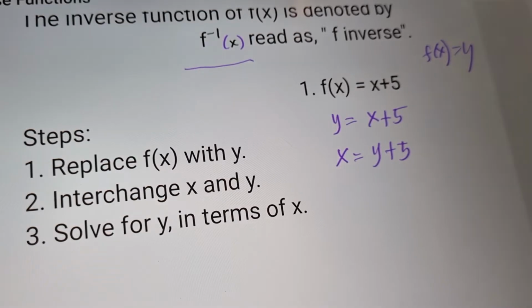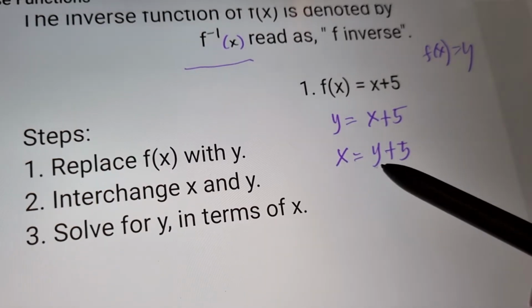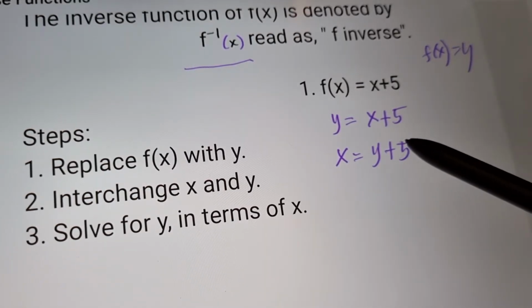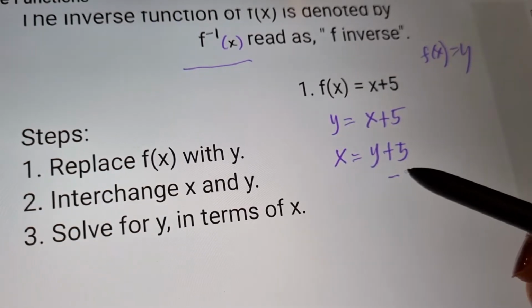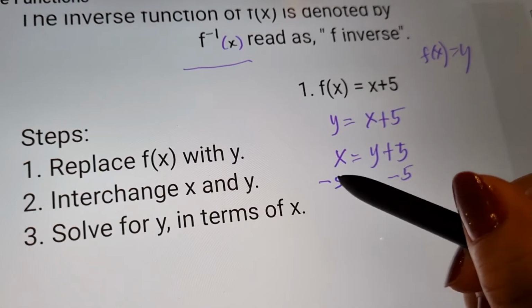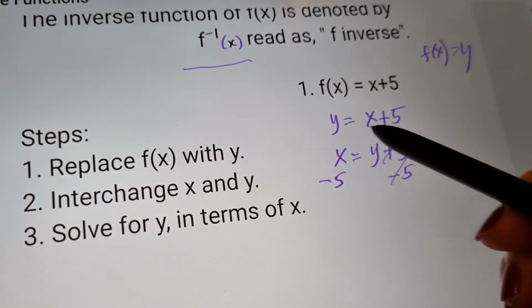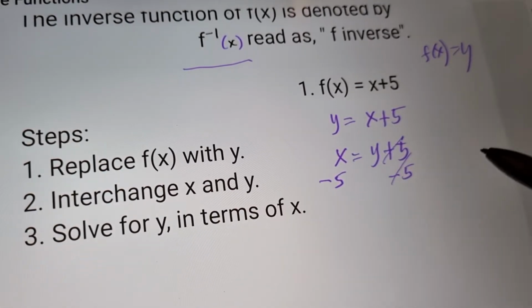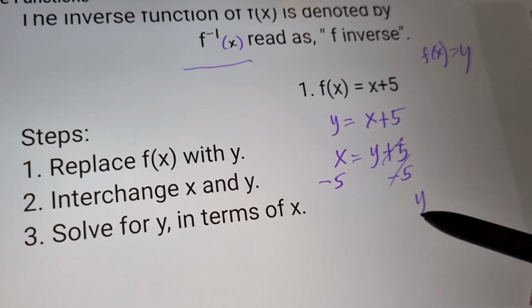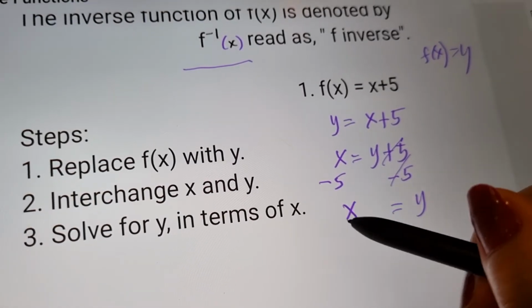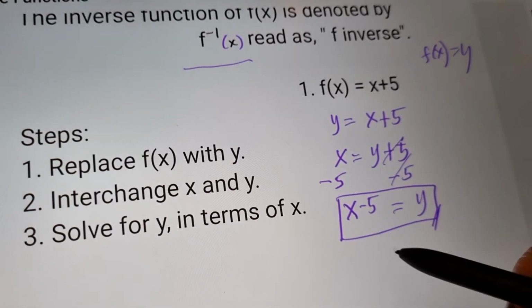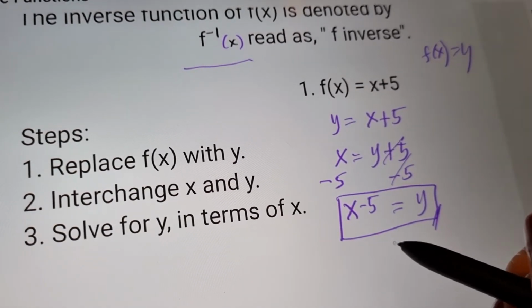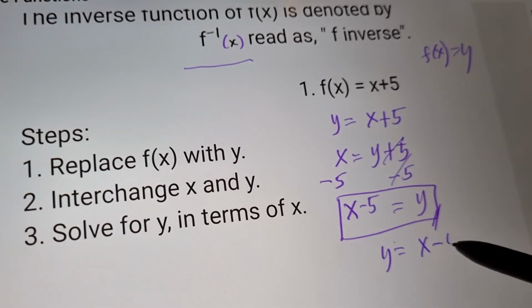Next, solve for y in terms of x. So we need to isolate y. It means that we are going to remove this constant here. We can do that by subtracting 5 on both sides of the equation, or simply, you can just transpose it to the other side. Which means here we have y, and this is x minus 5. Or you can write y is equal to x minus 5.